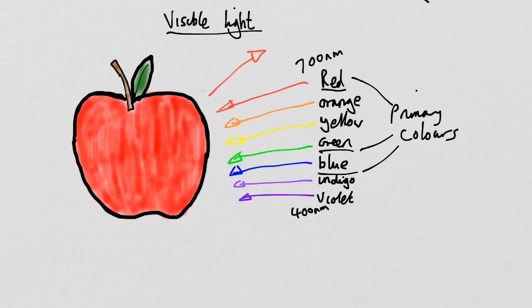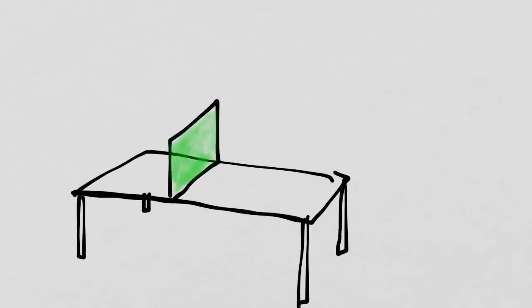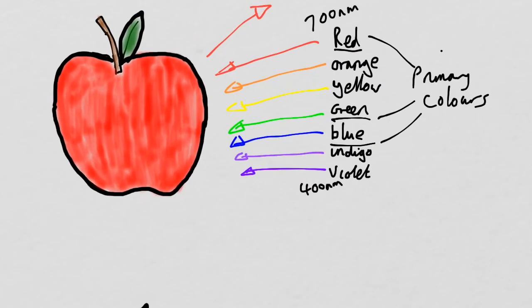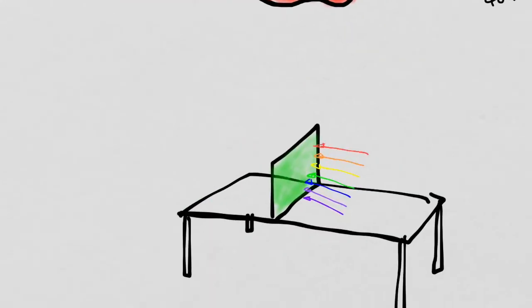Now, translucent objects are slightly different, okay? So here I've got a translucent green screen, or a transparent green screen. You can think of transparent as being see-through, and translucent as being partially see-through. So if I go ahead and shine white light through here, let's shine my white light through this green screen.